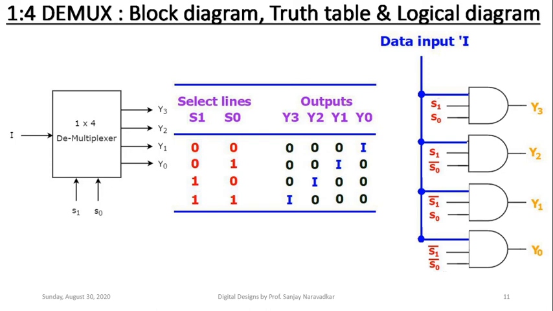Then the logical diagram, that particular design which is shown on the extreme right, will be an enhanced one, where a total of 8 AND gates will be required. Each of those AND gates will have a total of 4 input lines: the common data input line I, then 3 select lines. Select lines will be either with complement or without complement depending on the select line logic.